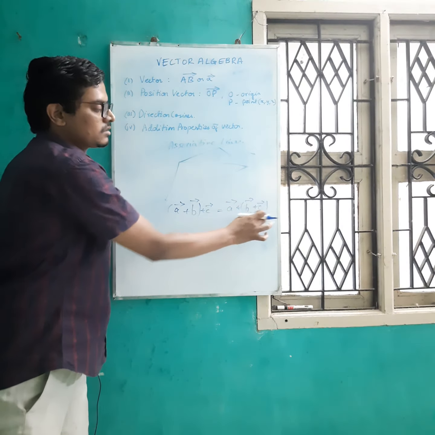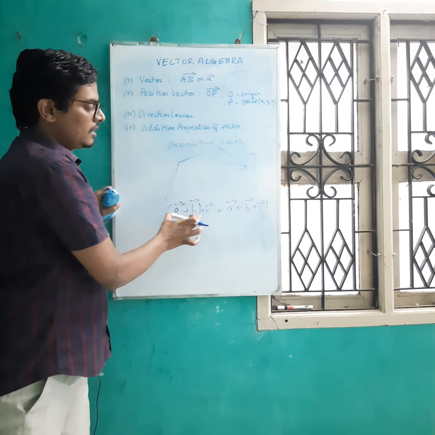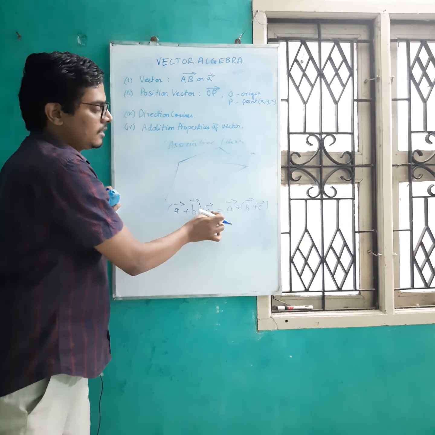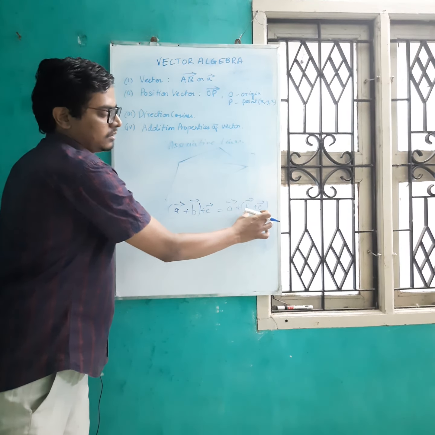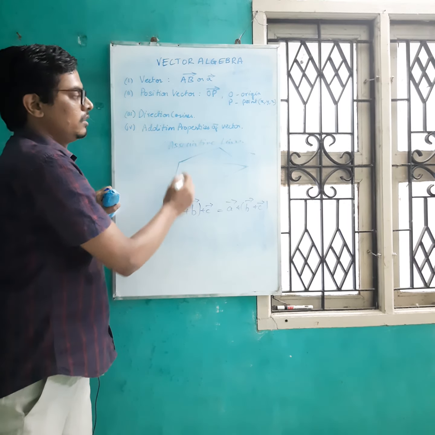So in any ways, if this order is not changed, we can either add these first two vectors and then add the third vector, or we can add the second and third vector then add first vector. That is called associative law.